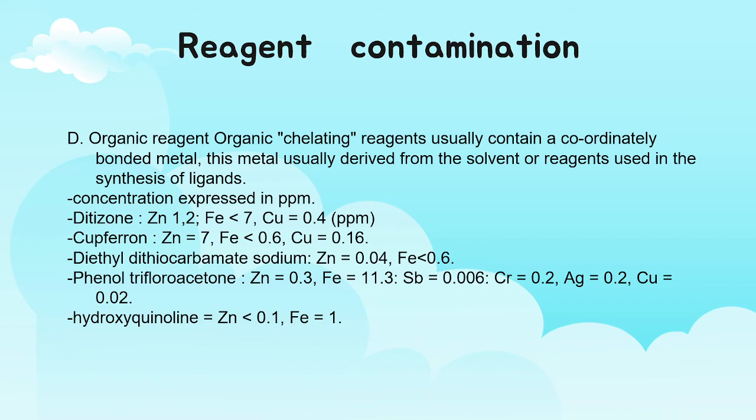Dithizone: Zn 1.2, Fe less than 7, Cu equal to 0.4 ppm. Cupferron: Zn equal to 7, Fe less than 0.6, Cu equal to 0.16. Sodium ethyl thiocarbamate: Zn equal to 0.04, Fe less than 0.6.